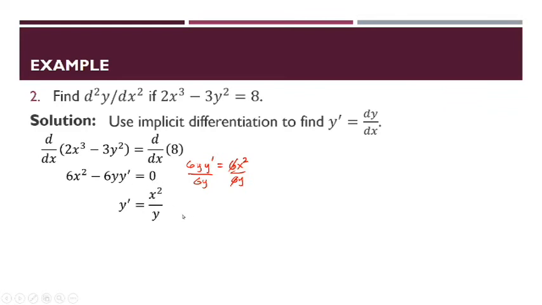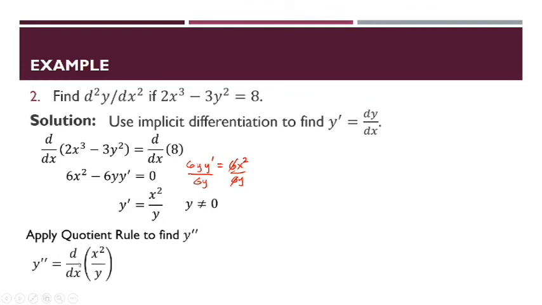Now to find the second derivative is we differentiate this function since this is a function pa rin. So as long as y is not equal to 0 since nasa denominator yon. Since this is a quotient, so apply quotient rule to find the second derivative. So we have y double prime is equal to derivative of x squared over y. Quotient rule, we have derivative ng upper, so 2x, then times yung baba.